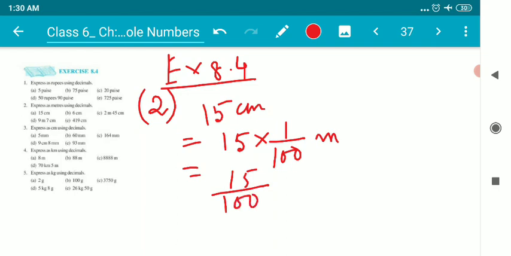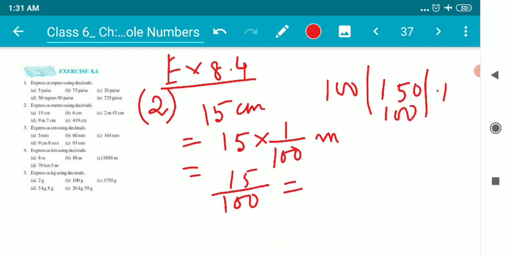Alright. Now, children, we can divide 15 by 100 in the normal division, but I want you to know a shortcut technique. As you can see, the divisor is bigger than the dividend. You put a point and take a 0. Now 100 ones are 100. You will get 50, then 5.